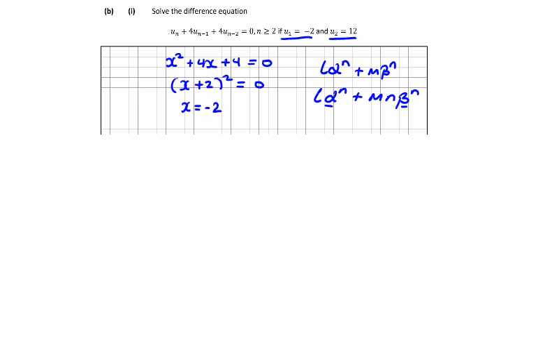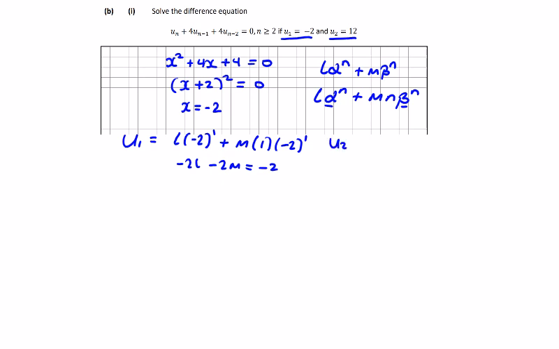So we're going to have L by minus 2 to the power of 1, so this is U1, plus m times 1 for n times minus 2 to the power of 1. So we're going to get minus 2L minus 2m equals minus 2, which I'll leave in that format for a minute, but we might need to change it around.